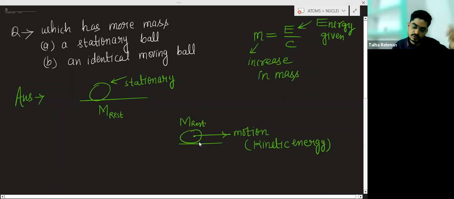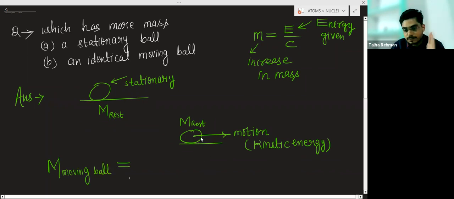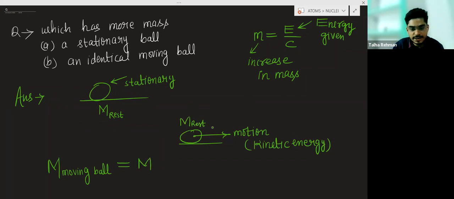Okay, so you can say that mass of the moving ball is equal to, this ball will have this mass. Now we are calculating mass of this ball, so this ball already has this mass. Very good, so write m rest.